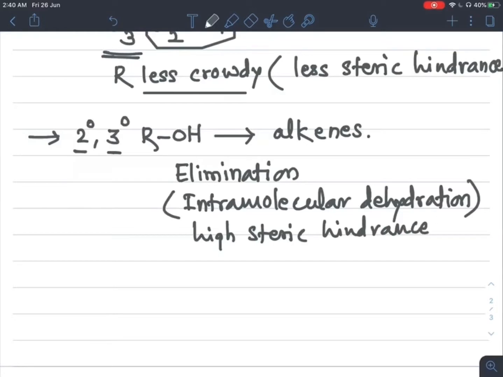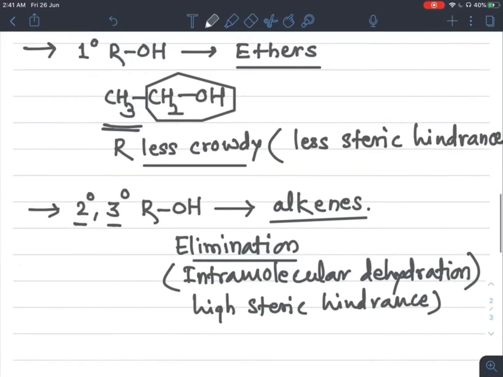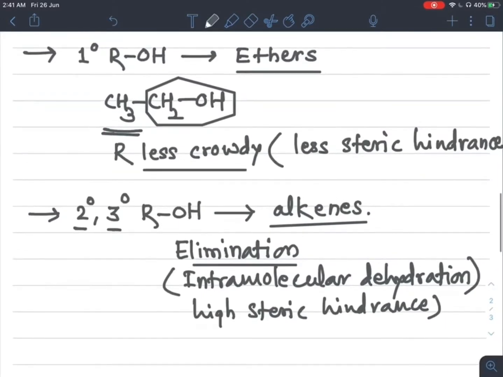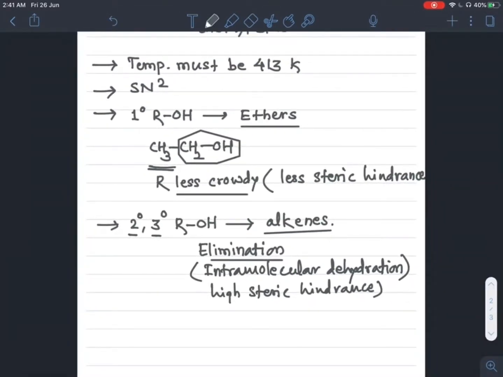Steric hindrance means crowdedness. So this alcohol undergoes elimination, that is intramolecular dehydration, and finally we get the corresponding alkenes, not ethers.